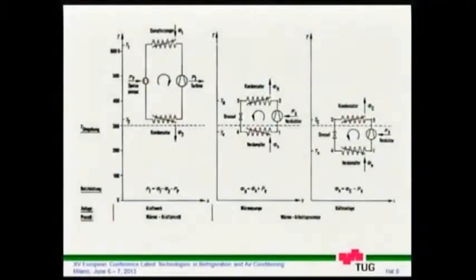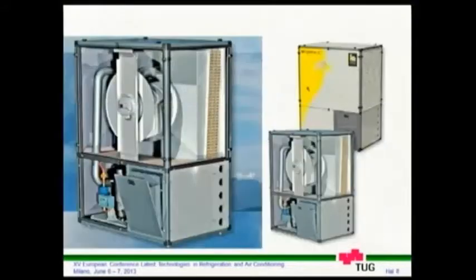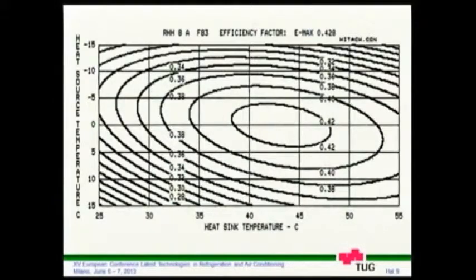In principle, it's the same machine with most commonly the same equipment and the same refrigerants, by the way. If we go in the heating mode and we take an outside air heat pump, an outside air heat pump has a very nice characteristic, and this is an exergy diagram of such an outside air heat pump, depending on the heat sink temperature.